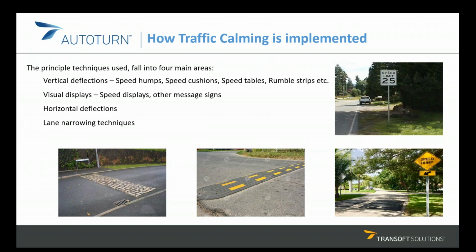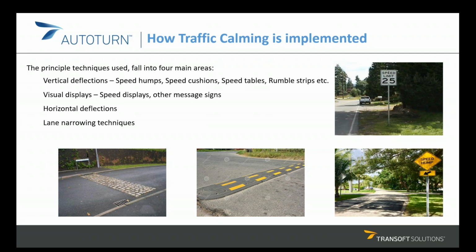So the principal techniques of traffic calming used fall into four main areas, which are vertical deflections, visual displays, horizontal deflections, and lane narrowing techniques.